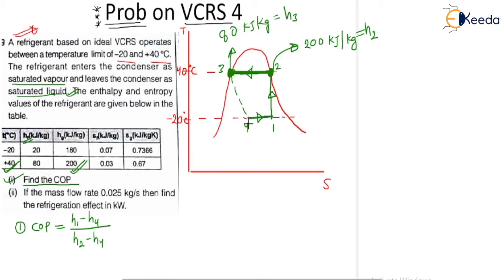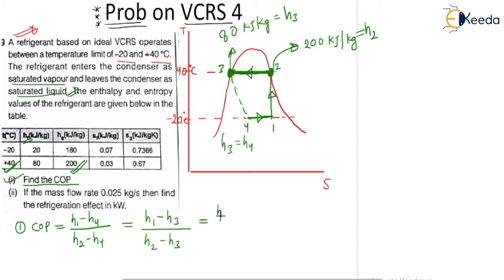And here h4 is also equal to h3 because this is an isenthalpic process. So h3 is equal to h4. So we can write the COP value as (h1 minus h3) upon (h2 minus h3), replacing h4 by h3. Okay, right. Now let's put all the values here.